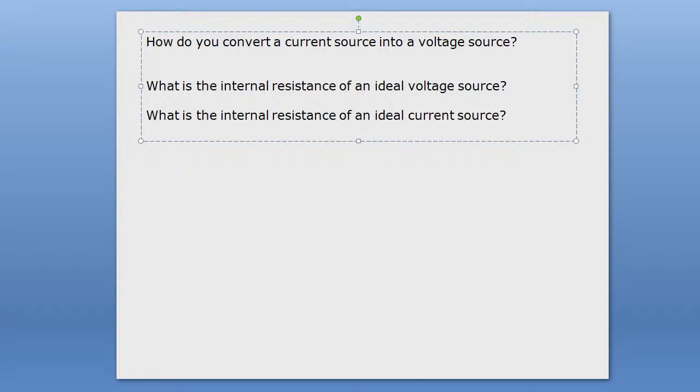So for the voltage source, you will get voltage V equal to IR by multiplying the current and resistance, and you will arrange the circuit so that the voltage source and resistance are connected in series. Then you will get the ultimate voltage source from the given current source. Okay, thank you everyone. Your answer is correct.